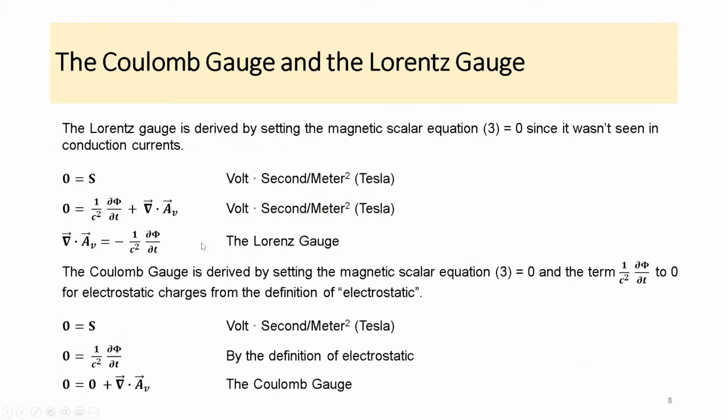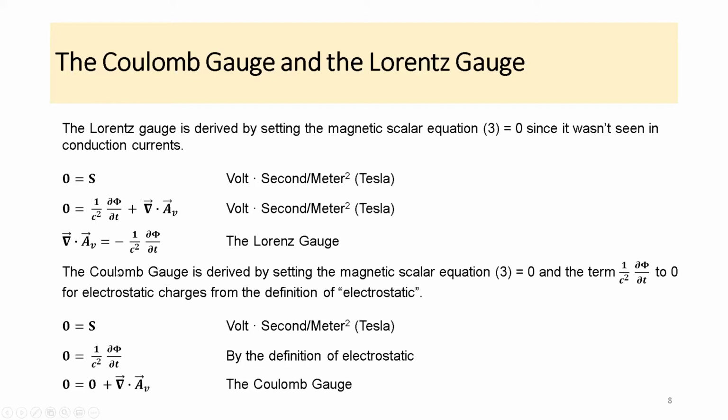And so to get rid of that equation, they apply the gauges. The first one is the Lorentz gauge, which basically just takes the scalar and says it's zero. And then we basically get this equation here, which is the Lorentz gauge.